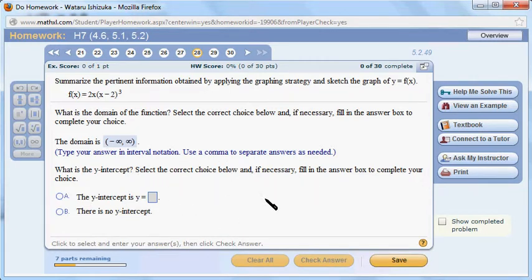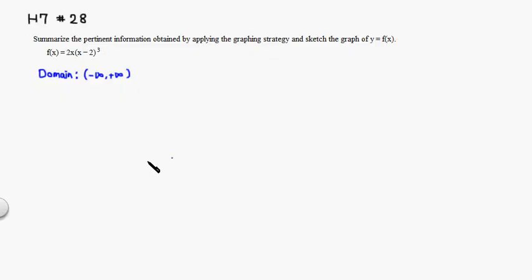So we want to find the y-intercept. If you want to find the y-intercept, we're going to have to set x equal to 0.